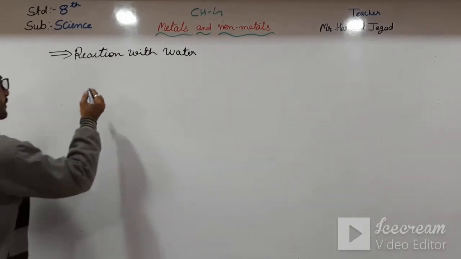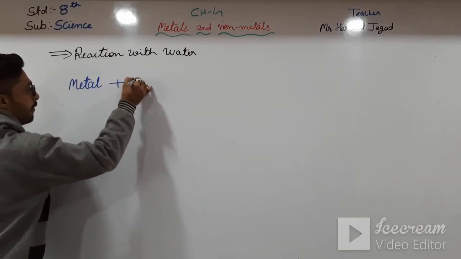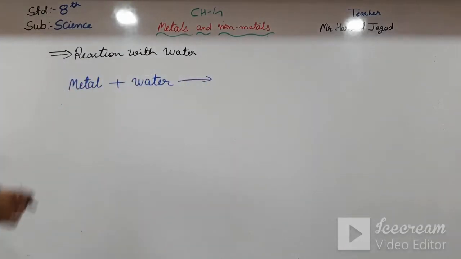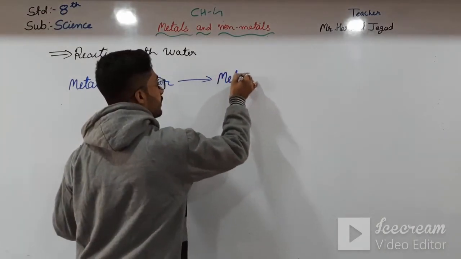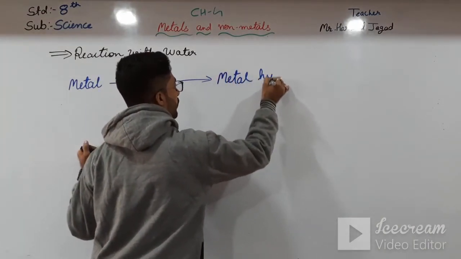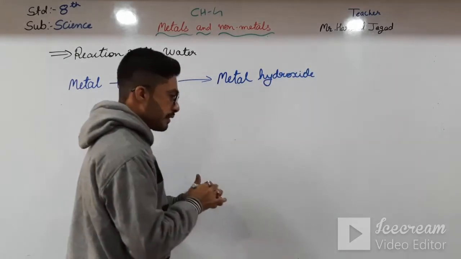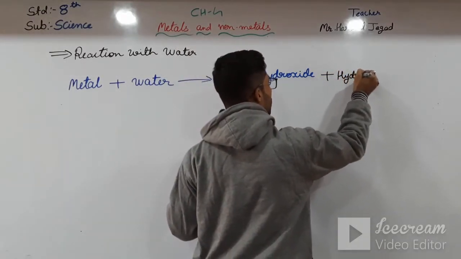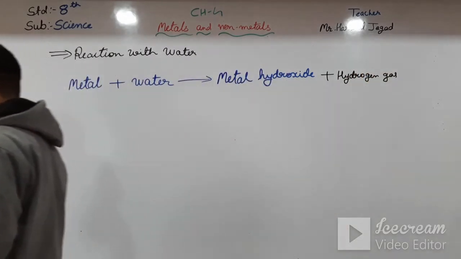See here, metal plus water, that is, we can also write H2O, then we will get metal hydroxide plus hydrogen gas. Metal hydroxide plus hydrogen gas. Okay, plus hydrogen gas.